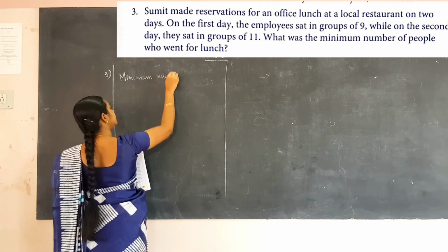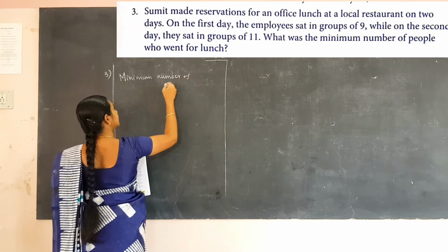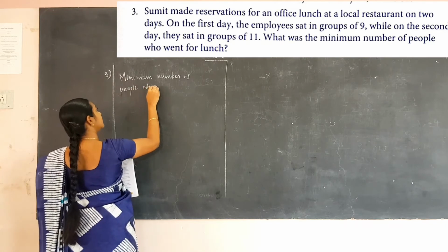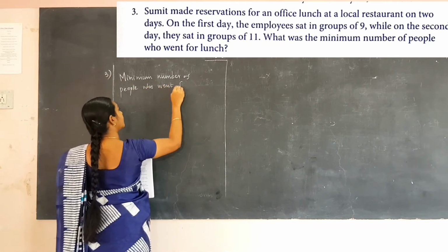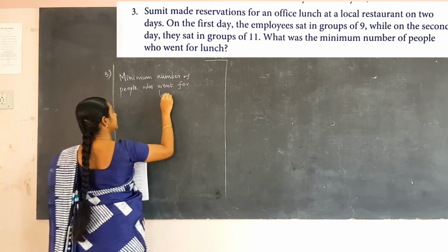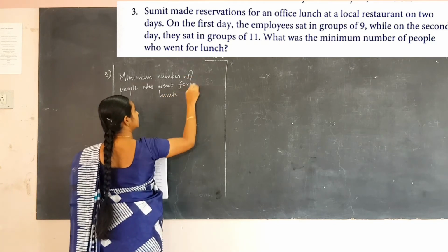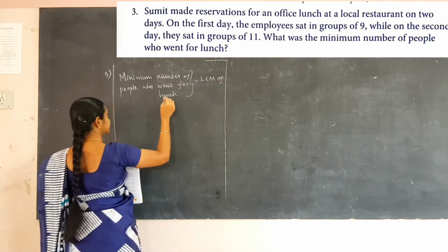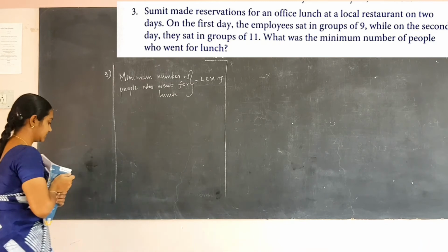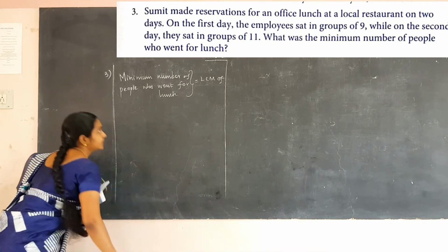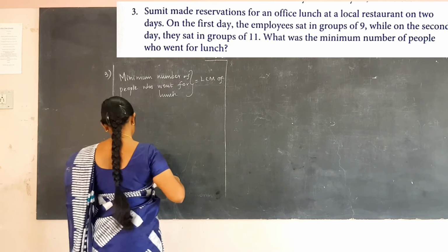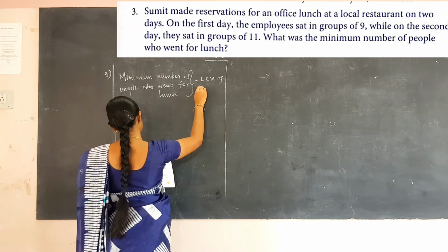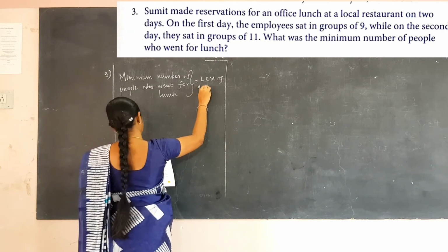Minimum number of people who went for lunch is equal to the LCM of 9 and 11.